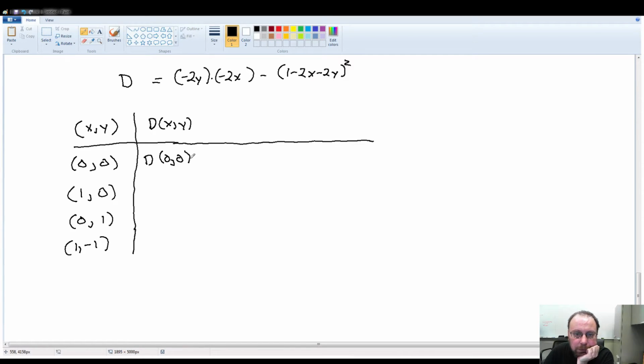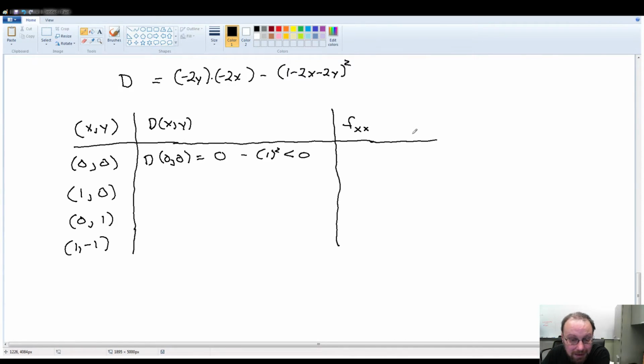So at 0, 0, you can quickly see that if x and y are both 0, we'll just get 0 for the first term minus a 1 squared. So that's a negative 1. So here I don't have to look at fxx, right? Because if the determinant there is negative, I know this is irrelevant, and I can right away say that our function f has a saddle at that point, 0, 0 in the domain.